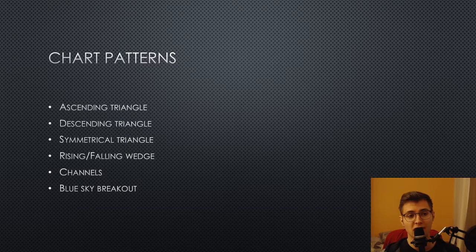So, chart patterns. There can be many chart patterns which have the line of least resistance included in them. Usually the line of least resistance is where price tends to break out the most, or in which direction it tends to break out the most. So for example, I have the ascending triangle, the descending triangle, symmetrical triangle, rising and falling wedges, channels, and blue sky breakouts.